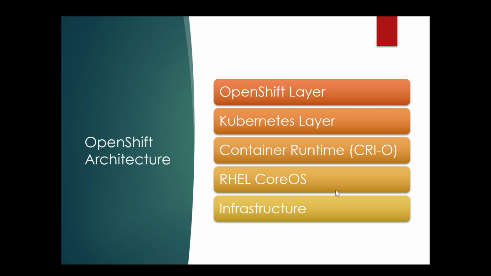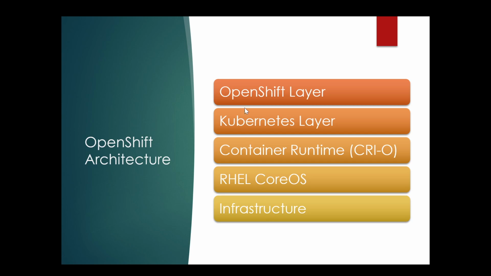And in terms of OpenShift architecture, you have the OpenShift layer, the Kubernetes layer, the container runtime environment, CRI-O, which is software used for container runtime. Then you have Red Hat Enterprise Linux CoreOS, and then your infrastructure. It could be a virtual machine, it could be a physical machine, however it is. It can be a server hosted on AWS as well.